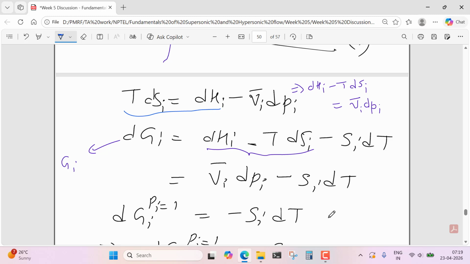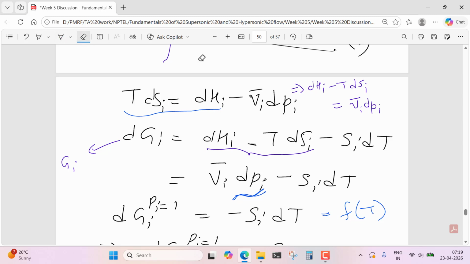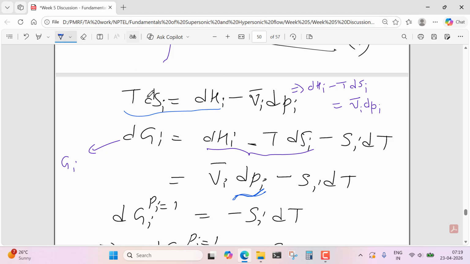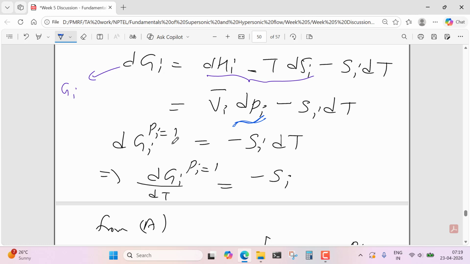So if we take Pi equal to 1, this dPi will equal 0. So dGi at Pi equal to 1 equals minus Si dt, which is only a function of temperature. If we take its derivative, we will get minus Si.